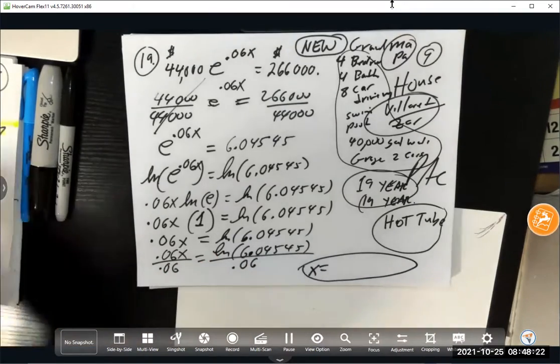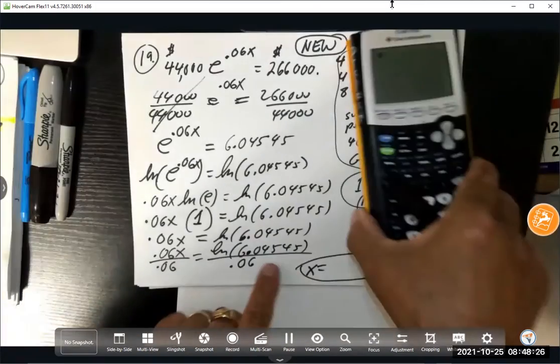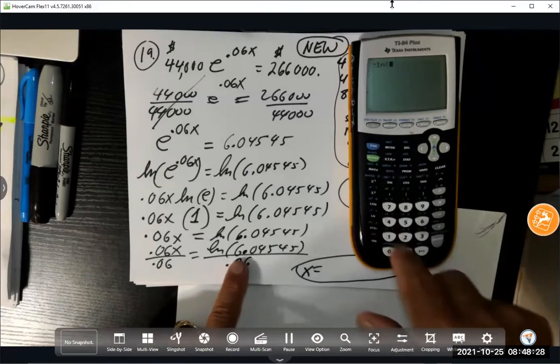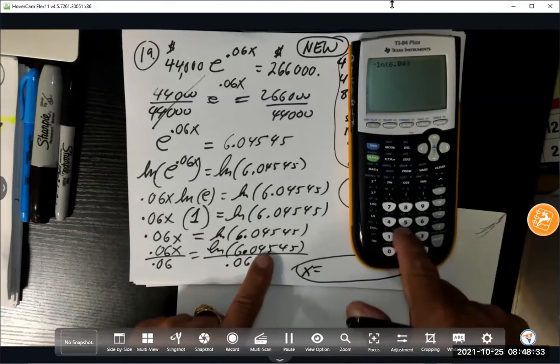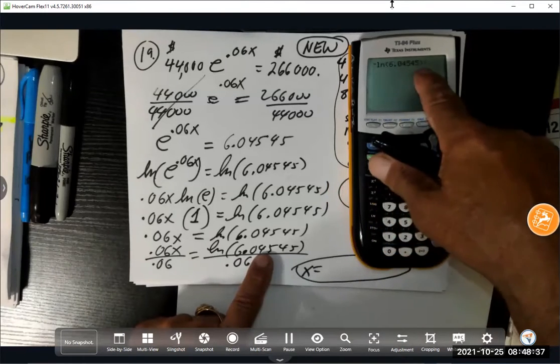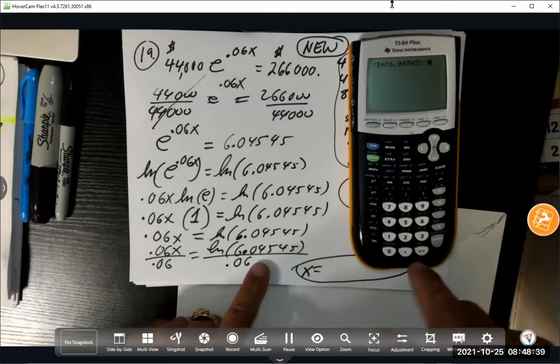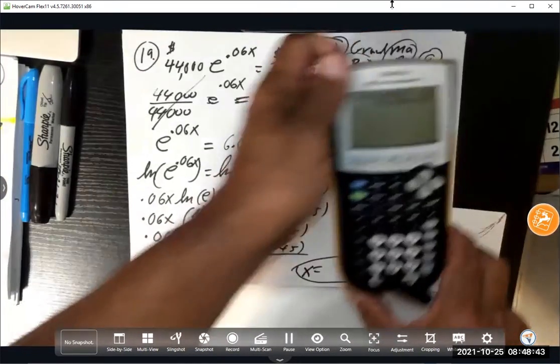I mean, that'll not be precise enough. So let's do it. I'm gonna do it right here. So ln of 6.04545 divided by 0.06. All right, boom. So they're gonna have to live in that house.